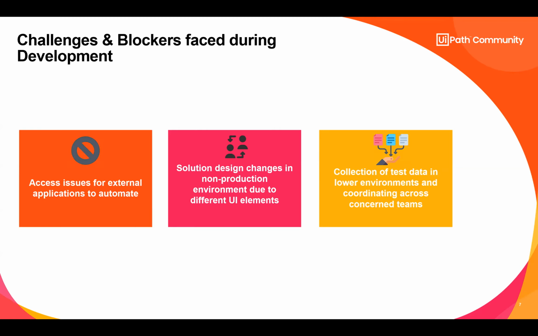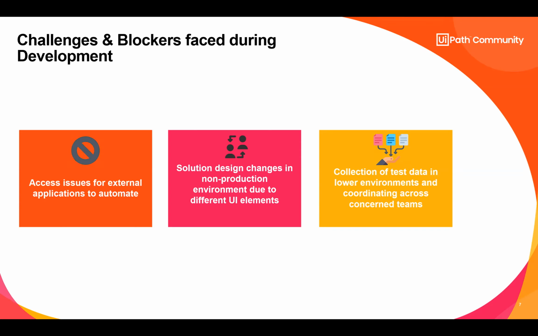So when we as RPA developers work in an environment and create our PDD, whatever we like, our process definition document or maybe a solution design document, that time we always reference the production system, because we might get access to the production system at the very first go as developers, not on the machines where we are developing the bot, but a separate access given to you just for your assessment part.